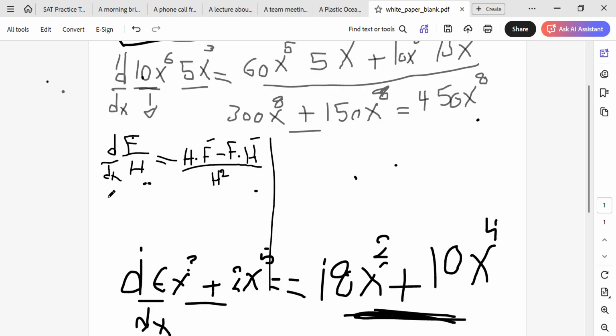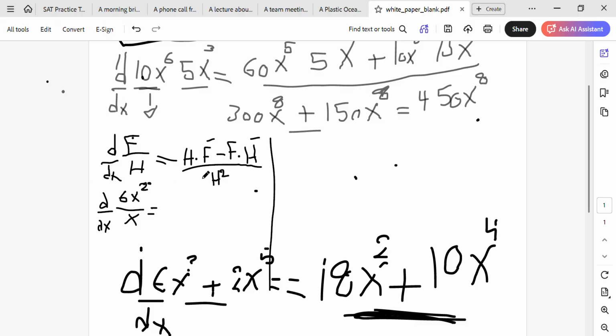So let's have some examples. If I have 6x squared divided by x, and they are asking to find the derivative of this function.